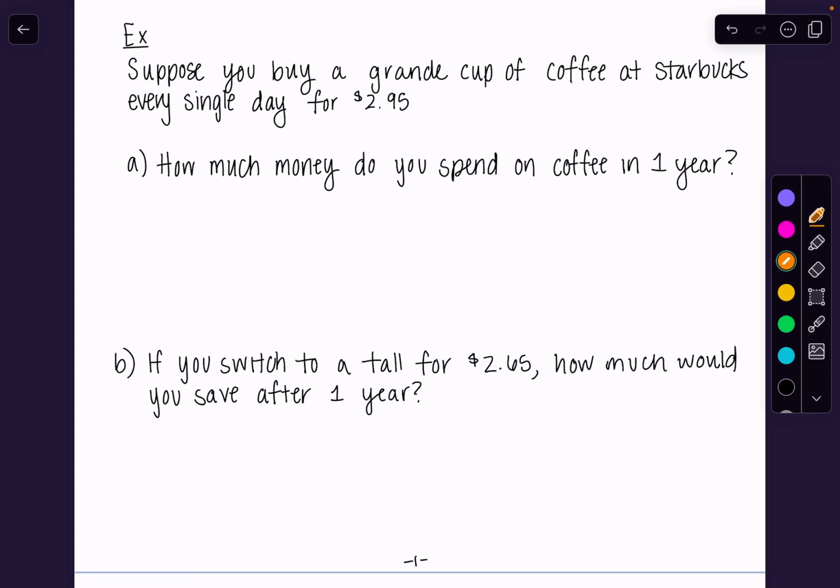If you think of this in terms of addition, you're doing $2.95 the first day, $2.95 the next day, $2.95 the third day. And you would have to do this over and over, assuming there are no leap years, a total of 365 times.